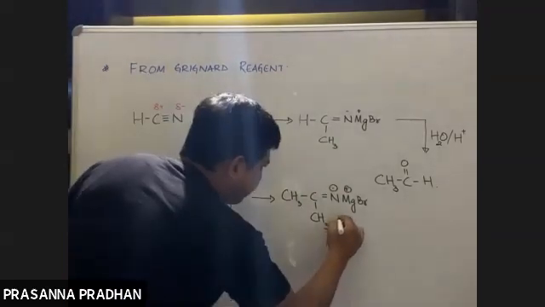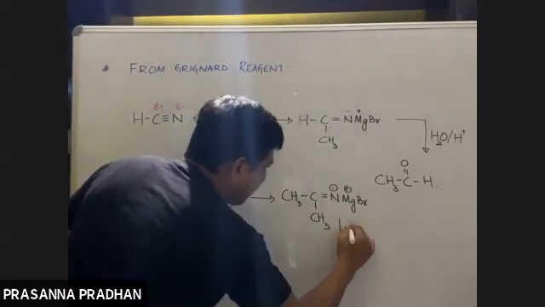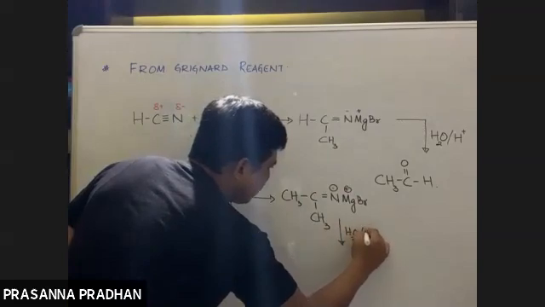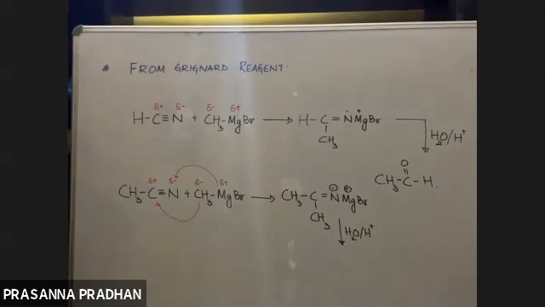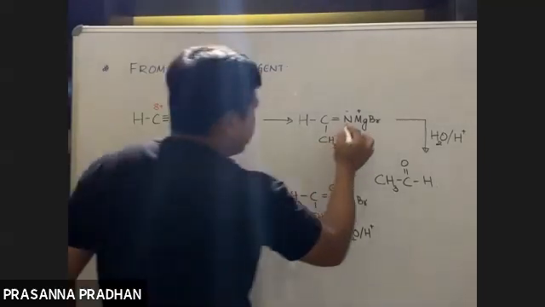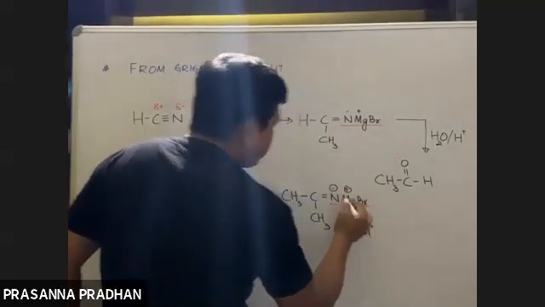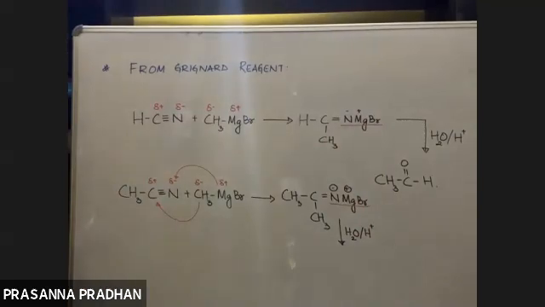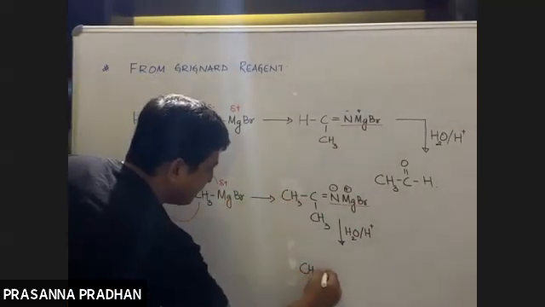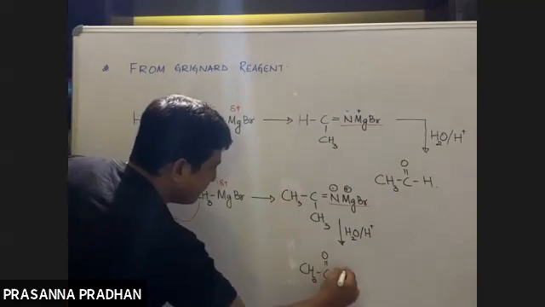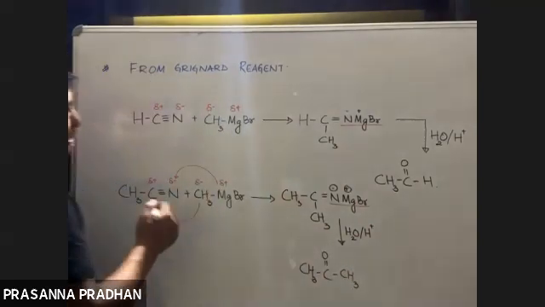Now, when this is further hydrolyzed in presence of an acidic hydrolysis, okay, when this is hydrolyzed in presence of an acid, what will happen? Again, same logic, this N MgBr part is going to get replaced by O. So what do I get out here? CH3, C double bond O, CH3. I'll get this compound.